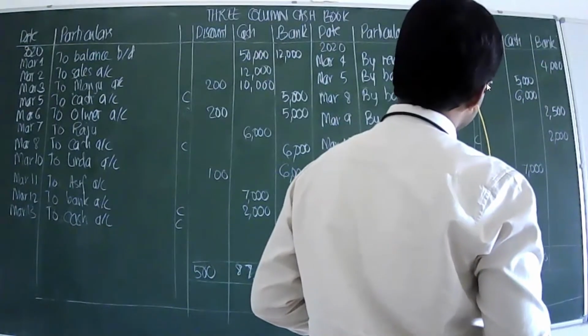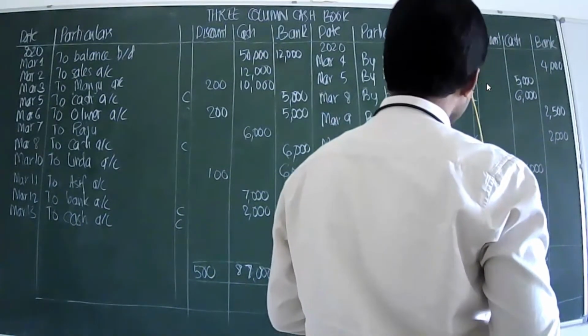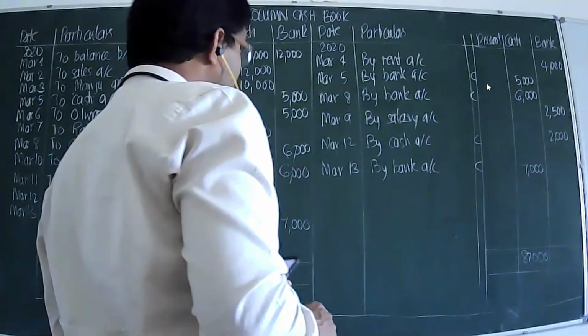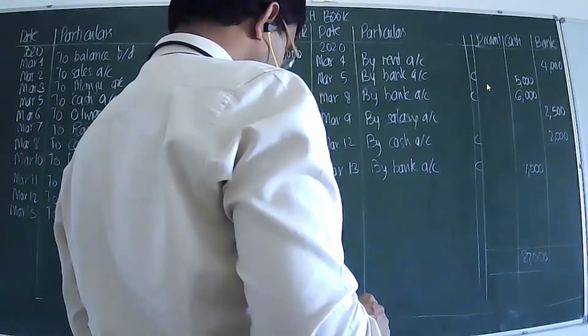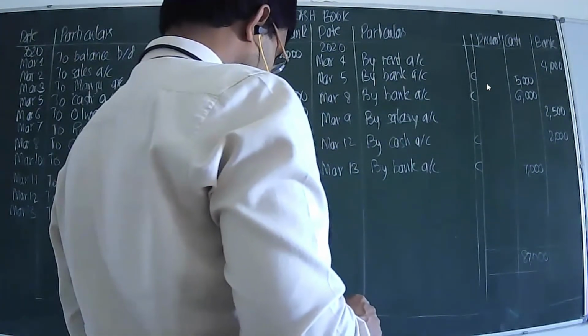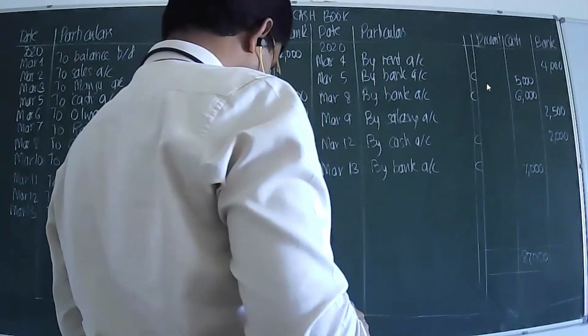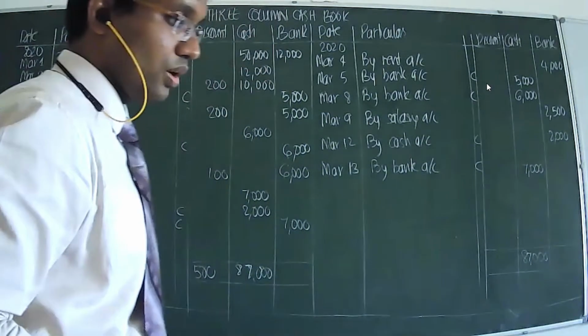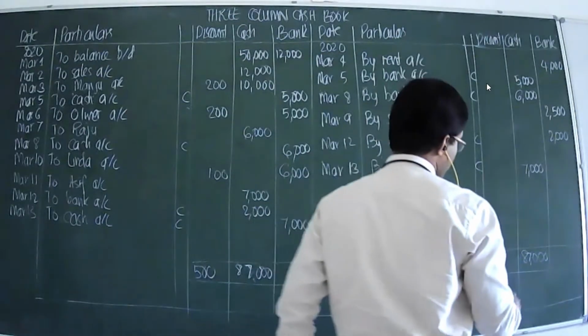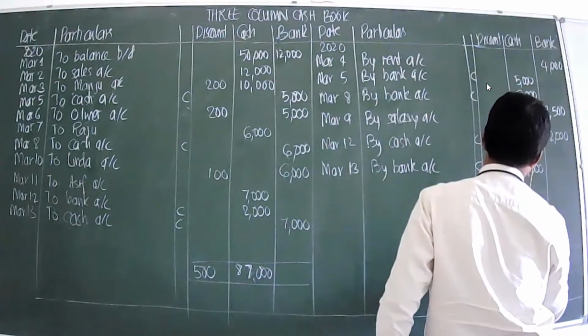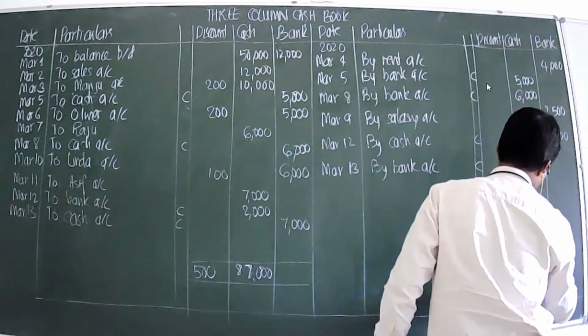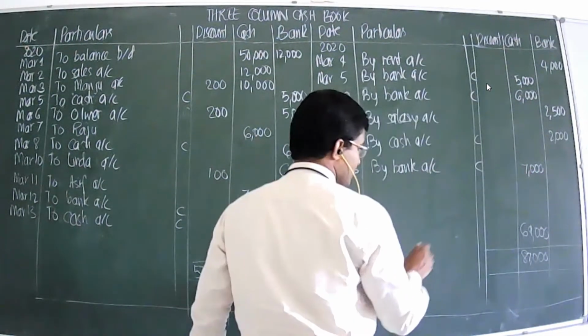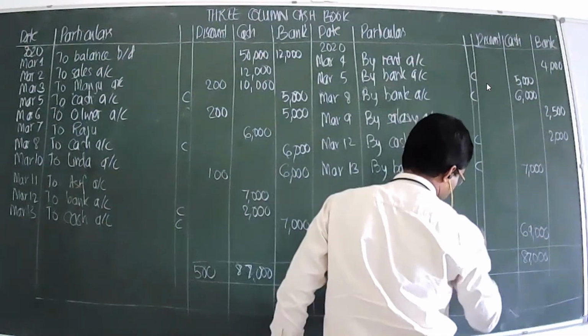Here on this side, the total is 5,000 plus 6,000 plus 7,000. So it is 18,000. So 87,000 minus 18,000, it is 69,000. So 69,000 is your balancing figure for cash column.